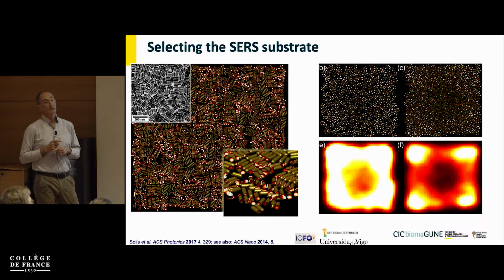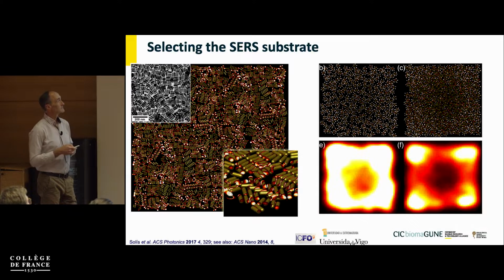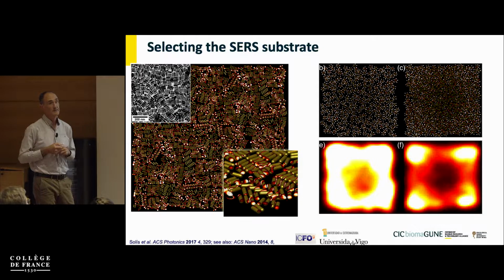You can even get in more trouble if you're simulating the response of nanostars. And you remember, nanostars are great particles for enhancement of Raman signals when they are isolated because of the presence of these sharp tips. And then if you're able to bring your molecules to the tips, you will get a really high enhancement.